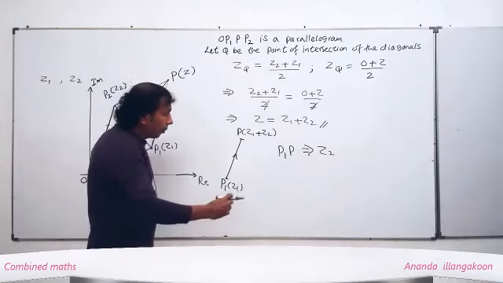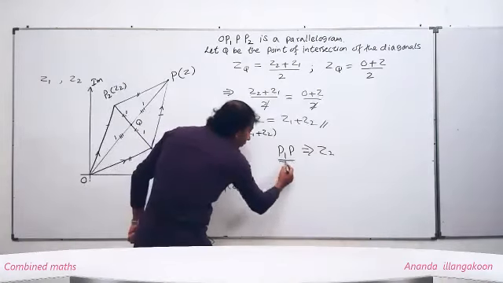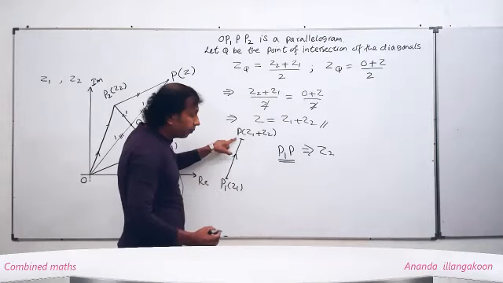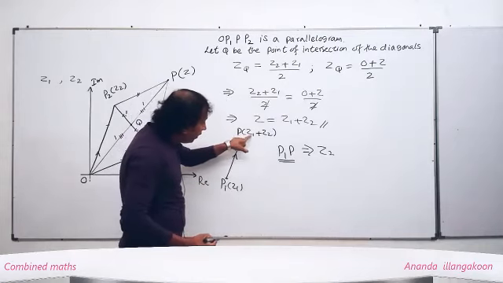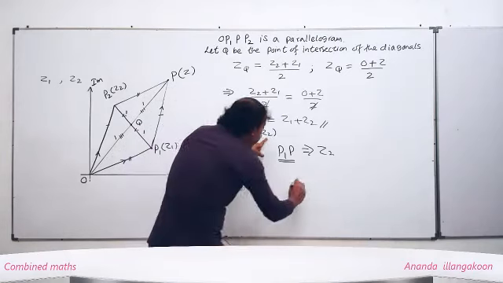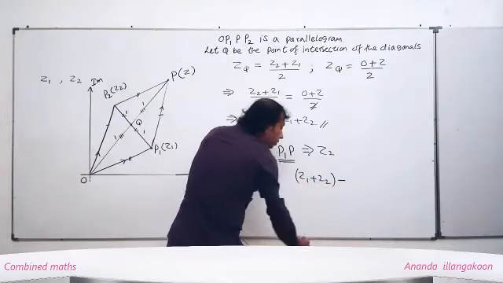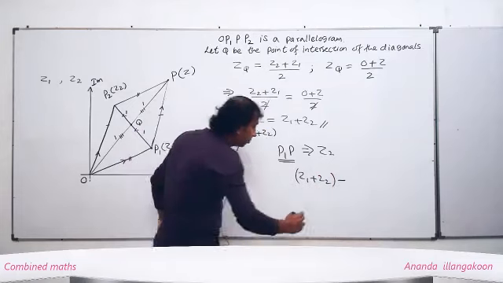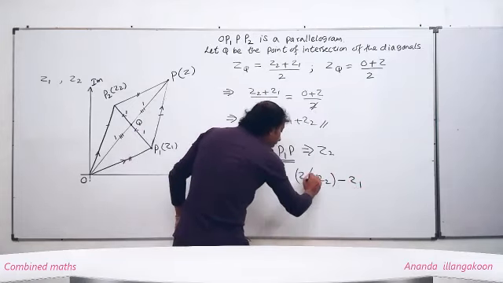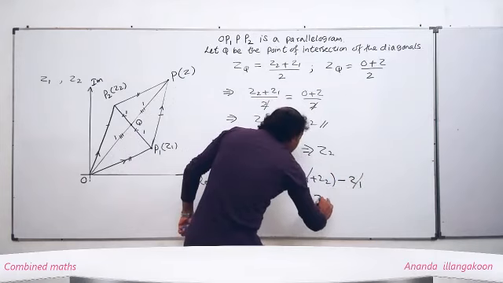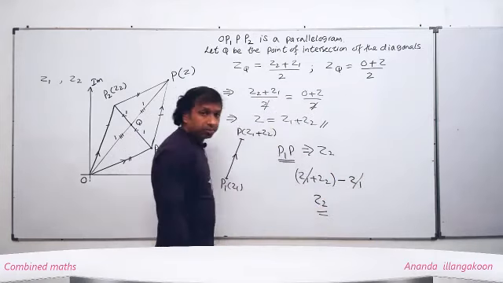Here the order of the line segment is from P1 to P. The ending point complex number is Z1 plus Z2. From that, subtract the starting point complex number. Then you can very clearly see, when you cancel this and this, we get the complex number.